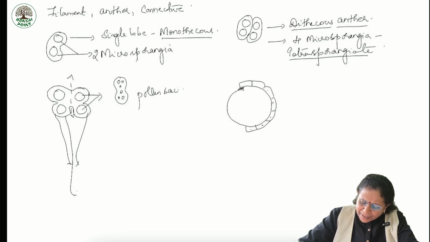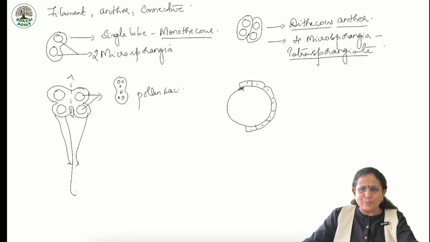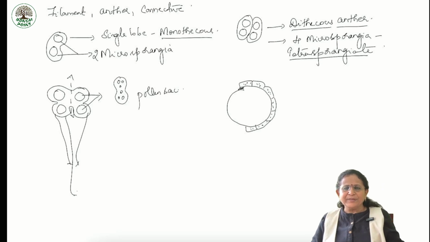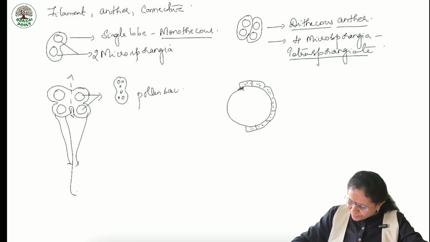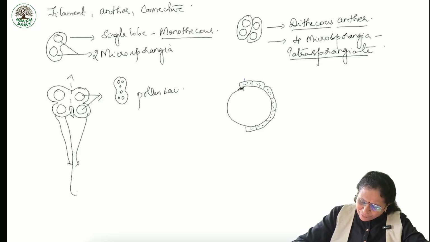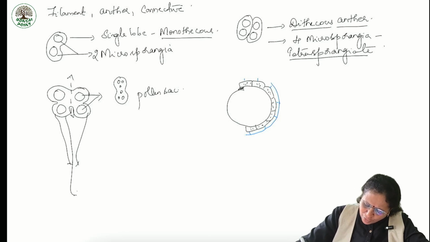It is rich in cytoplasm, or I can say it possesses dense cytoplasm and multinuclei. So it is multinucleated with dense cytoplasm. Next to this, we see 2 to 3 layers of cells. Just start from the center, mark tiny vertical lines and then join this. This is how we have to draw.